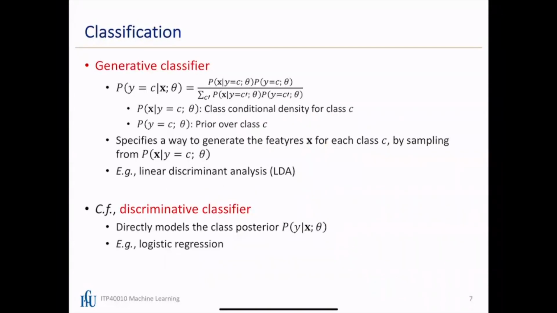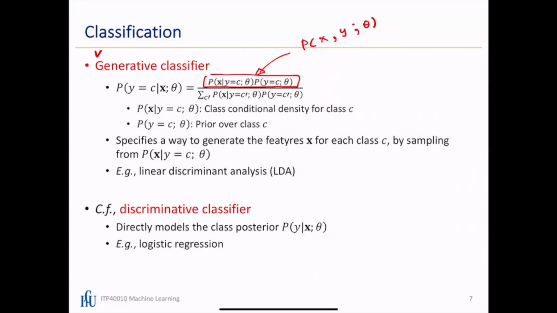There are two types of classifier. One type is the generative classifier, the other is the discriminative classifier. The first, the generative classifier, is based on Bayes' theorem, which we formulated earlier.